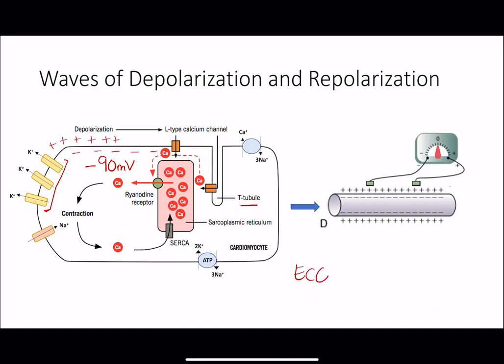An EKG lead is the graphical description of the electrical activity of the heart. Just to make sure those words are separate: the electrode is what you stick on your skin. The lead is the graphical description that you get from the recording of the electrical charge.